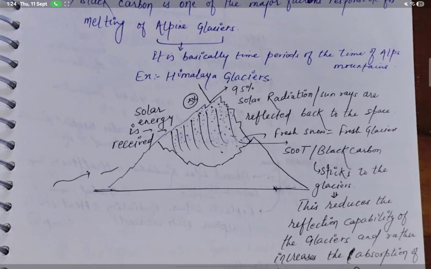What do you think is the difference? The glaciers are deposited on the Alps mountains. The ice and snow are deposited on the Alps mountains.